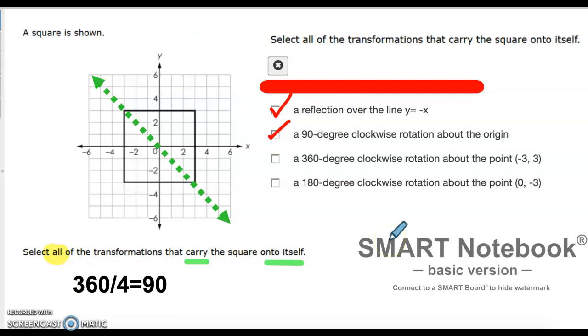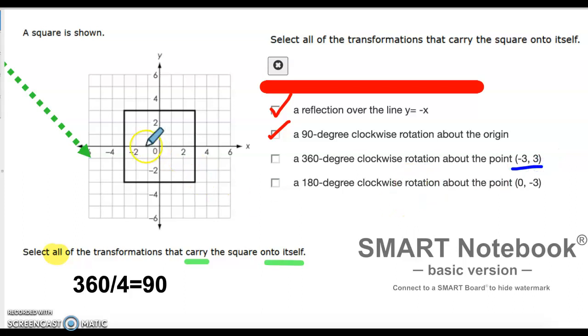All right, these next two problems, we need to be a little bit careful when we're looking at them because we're not rotating about the origin in these problems. So the next one says a 360-degree clockwise rotation about the point -3, 3. So 360 degrees, we would think that that would automatically carry a figure onto itself. And typically it does, but we need to pay attention to the point that we're rotating about.